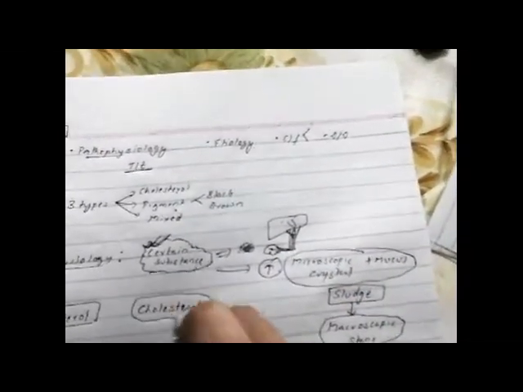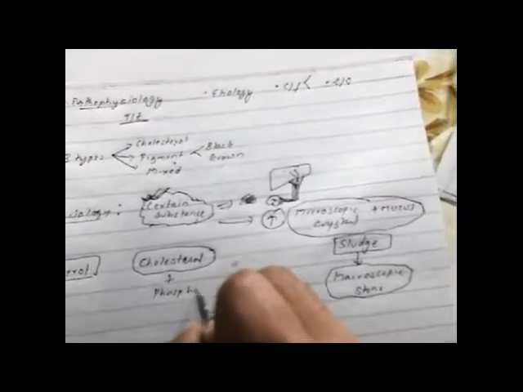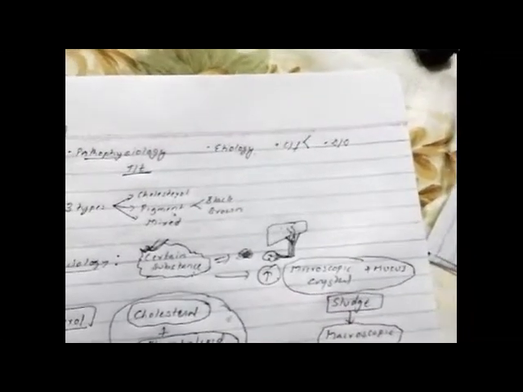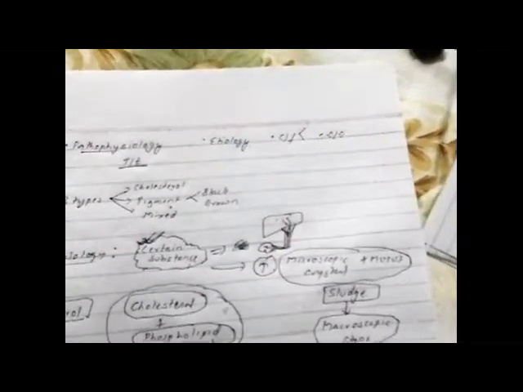This cholesterol is mixed with a phospholipid called lecithin, and these two combine to form vesicles, unilamellar vesicles.